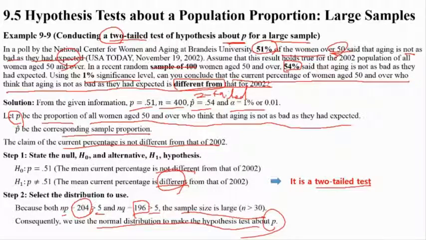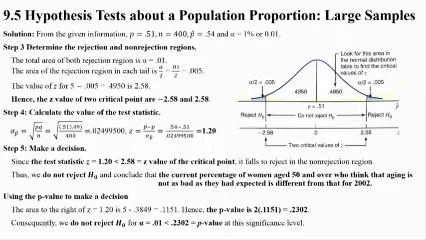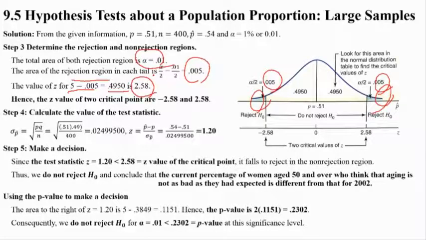What kind of distribution are we going to use? All right, the third, step 3: the rejection and non-rejection areas. This is the significance level. It's a two-tail test, so we divide it by two, so here 0.005 and 0.005 on the two tails. So the z value: subtract 0.005 from 0.5, which is 0.4950, which means the z value is 2.58 using the normal distribution table.